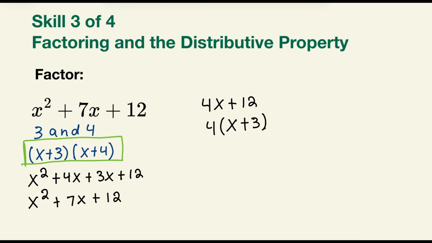Okay, so when you multiply this back out, you have 4 times x, which is 4x, 4 times 3, which is 12. Bring that together, that is 4x plus 12. So Algebra 2 assumes you can move back and forth between expanded form and factored form. So you'll use factoring constantly when solving quadratics and simplifying rational expressions.